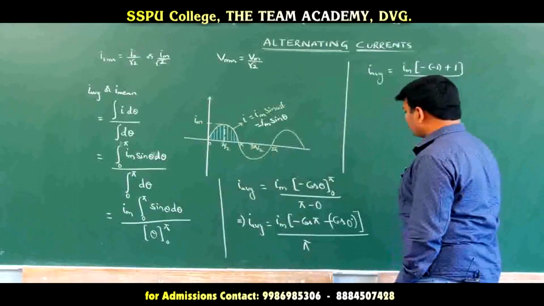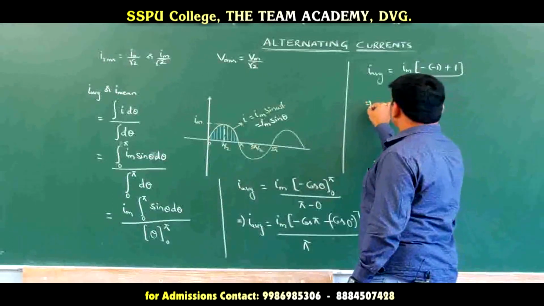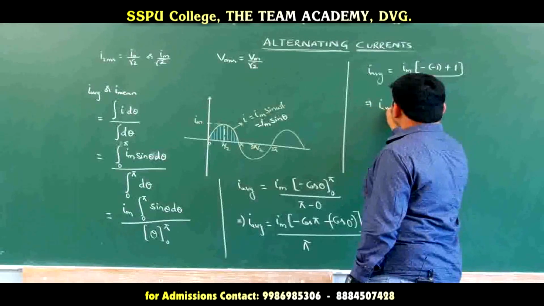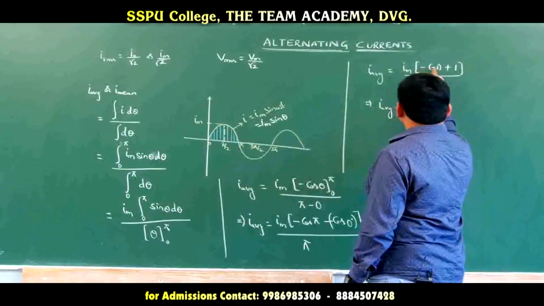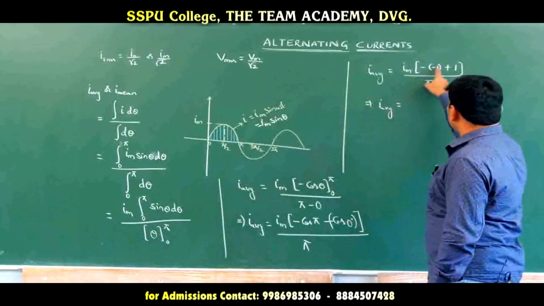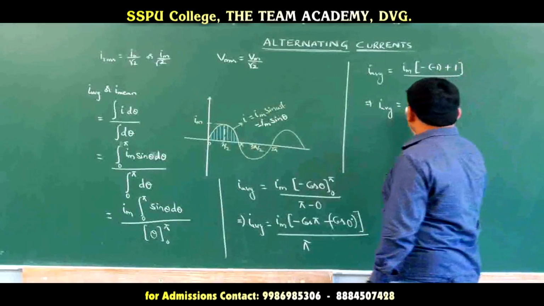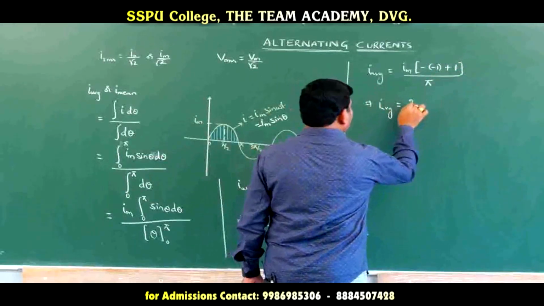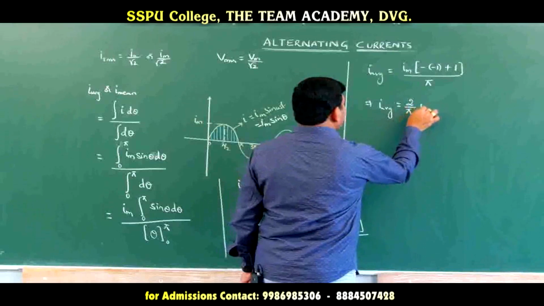Is it clear or not? So I average is equal to 1 plus 1, which is 2, therefore 2 divided by pi, 2 by pi into Im.